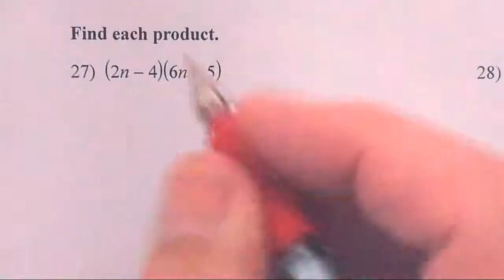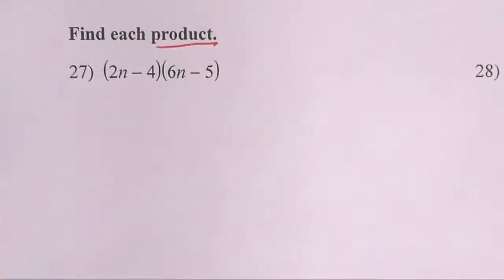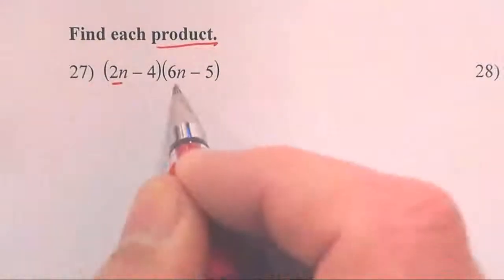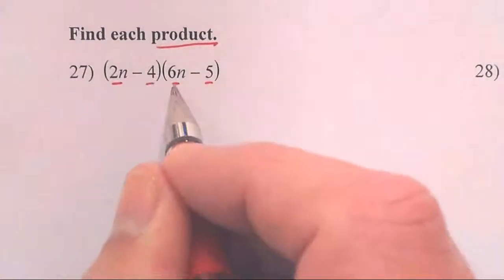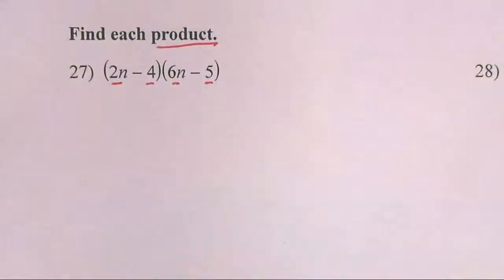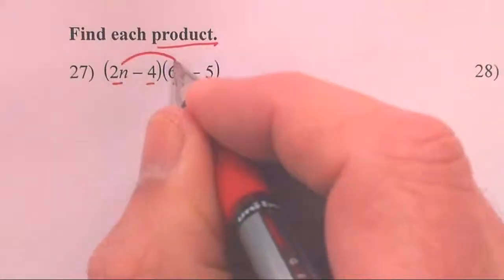Find each product we are to be multiplying. And when I multiply these, I have to multiply 2n by 6n and negative 5, and I have to multiply negative 4 by 6n and negative 5. And of course, you probably remember a little abbreviation for this. I'm going to multiply the first times the first.